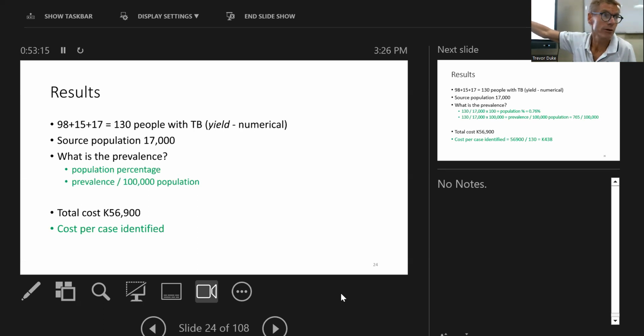So maybe if you've got a calculator, calculate the population prevalence and the prevalence per 100,000 population. Because usually when we talk about TB prevalence, we're talking about a prevalence per 100,000 population. Has anyone got a calculator and could do that? You can calculate like a percentage, and you can calculate the prevalence per 100,000 population.